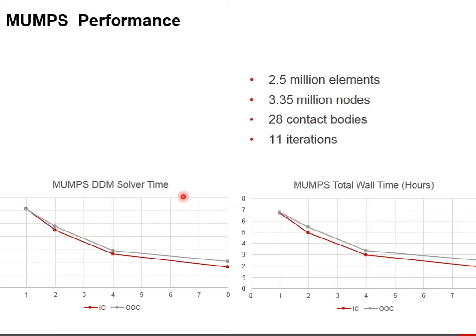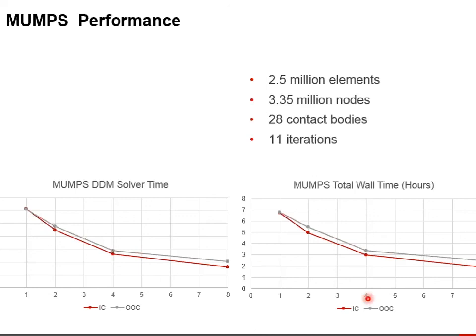You can see the solver time used in the solver. First of all, the in-core and the out-of-core are almost identical, and effectively we get a little bit over 5.5 times improved performance in the solver.